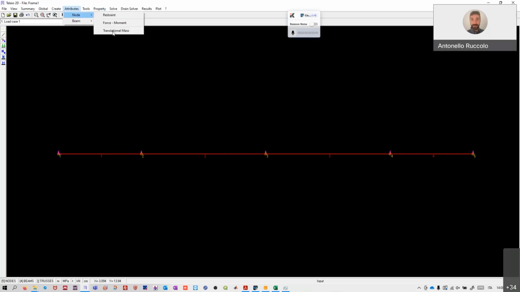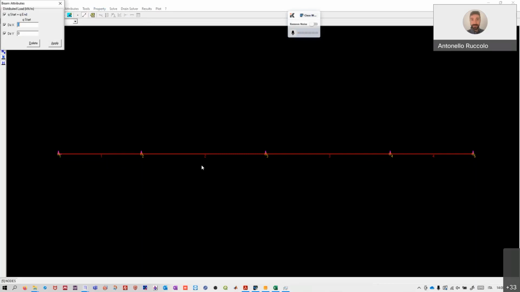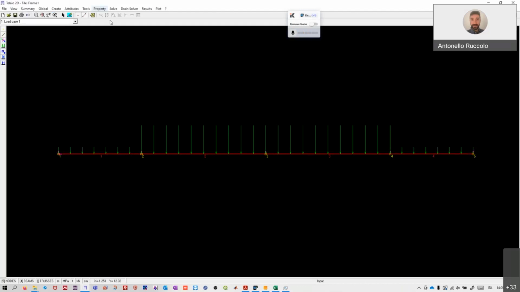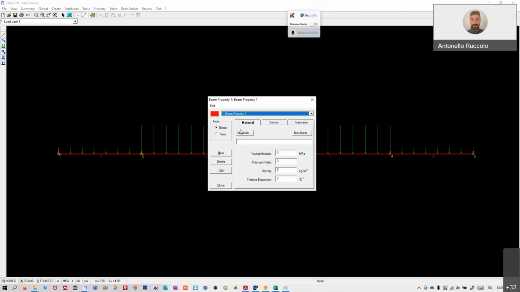Then the load, if we want to verify, the loads are distributed loads, so let's just resume what we did last time. And then impose the material properties.